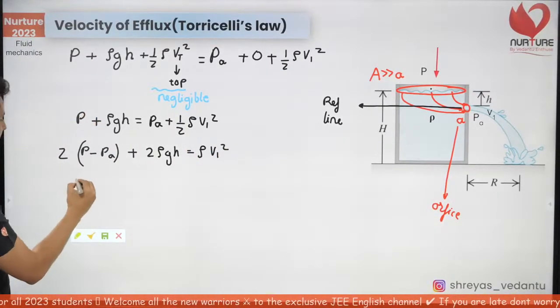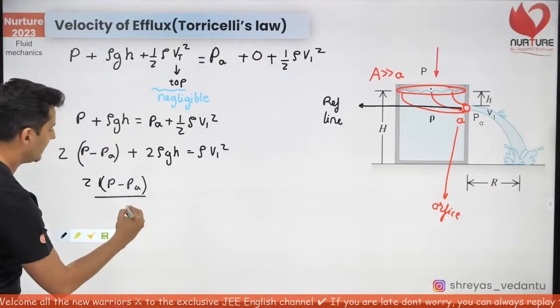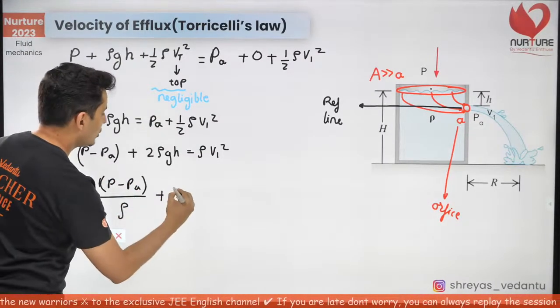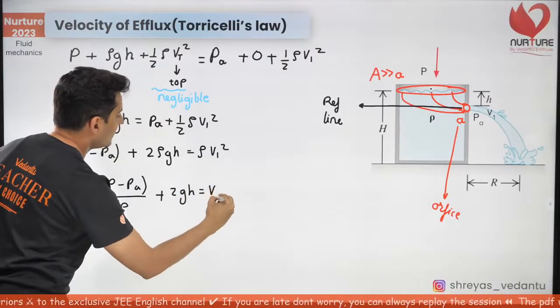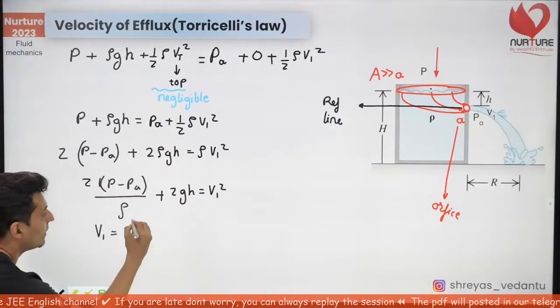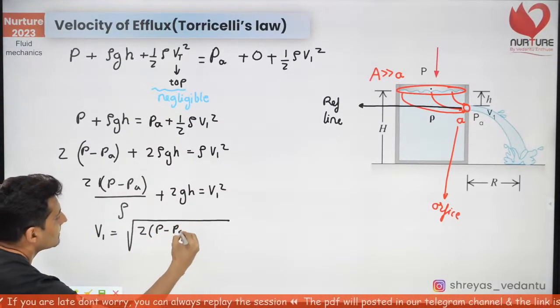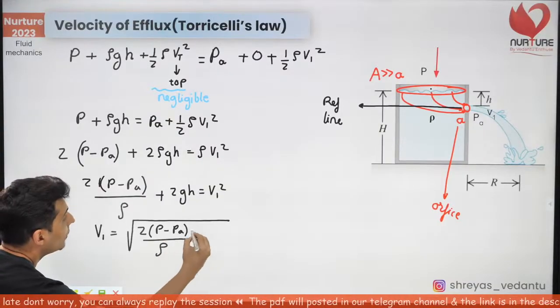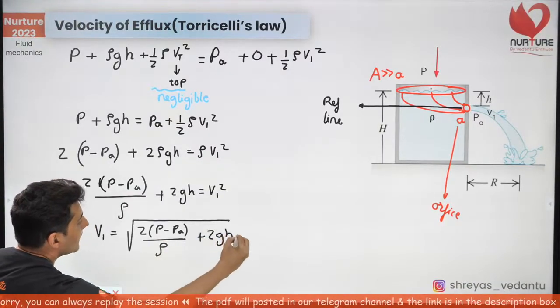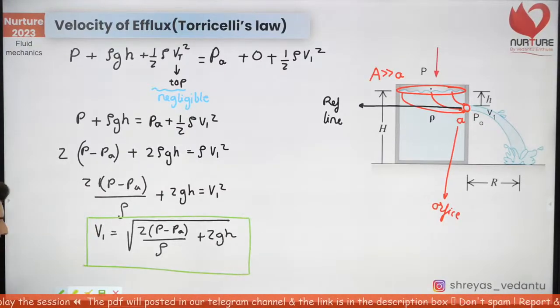Bring the rho below, so it will become 2 times of P minus PA divided by rho plus 2GH is equal to V1 square. Therefore, V1 is equal to the root of 2 times P minus PA divided by rho plus 2GH. This is what you need to remember.